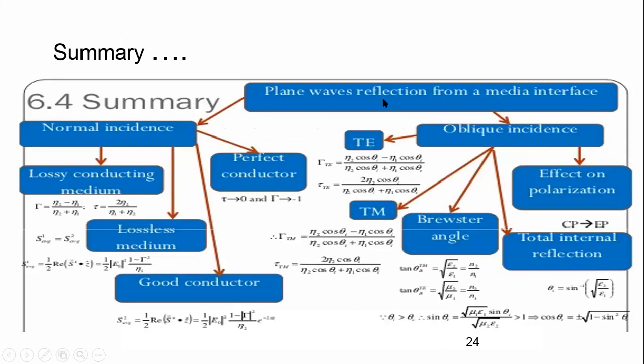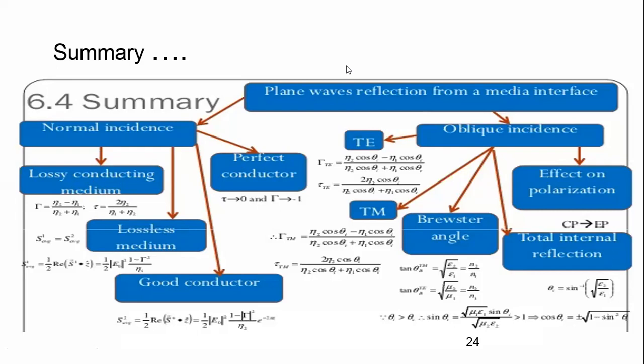All these things are required for uniform plane wave reflection from the media interface. In that, we talk about normal incidence and oblique incidence. For normal incidence: the lossy medium, perfect conductors, lossless media, and good conductors.